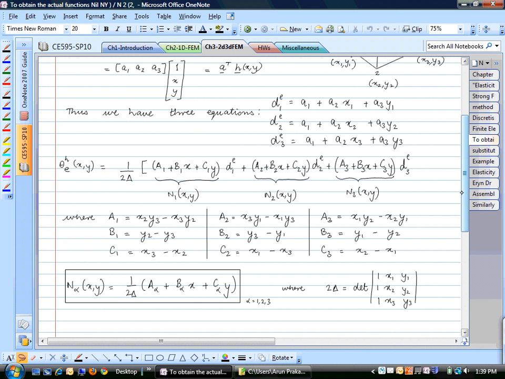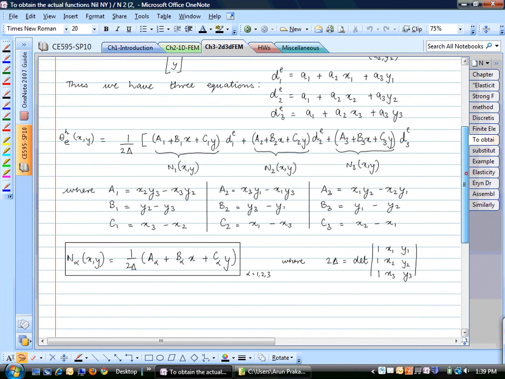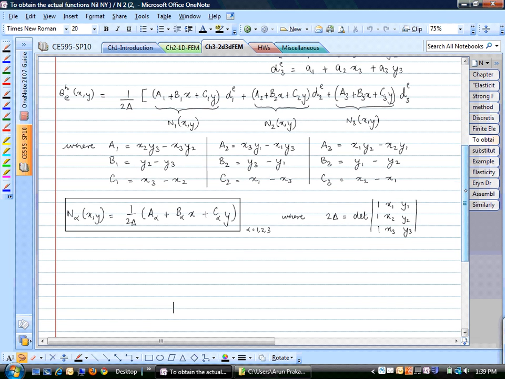And we'll do an example about this in a minute, but there are some interesting properties of these shape functions. So what do you think I will get if I sum up the values of these shape functions at some general point x, y? So let's try to do that.